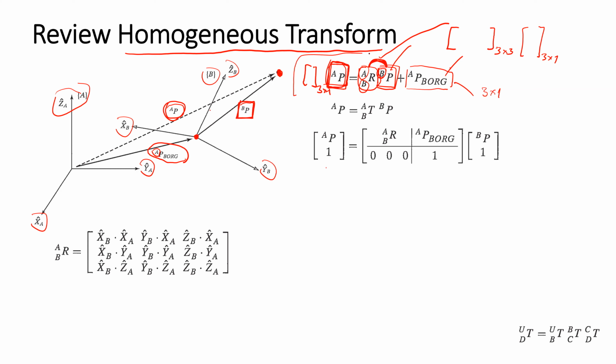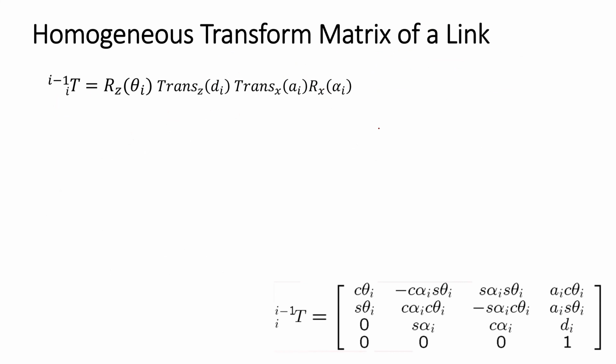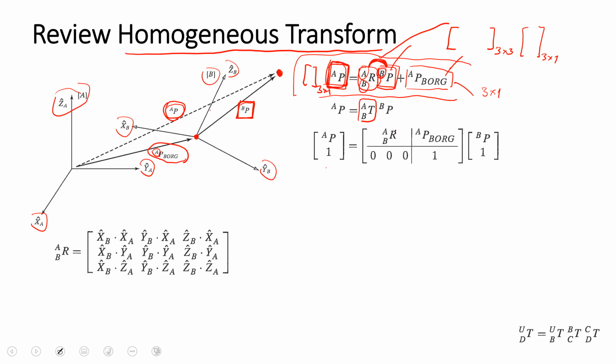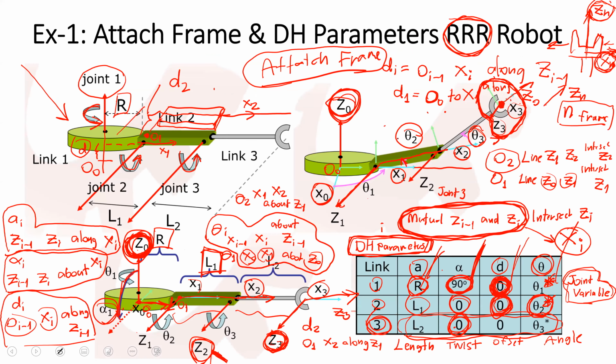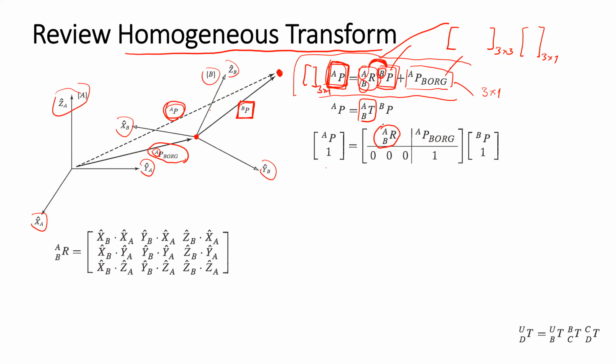Instead of doing this operation, we see the advantage of composing the homogeneous transform, which is the 4×4 matrix. And the homogeneous transform will combine the effect of the rotational matrix and combine the position vector of the B origin with respect to the global frame A.